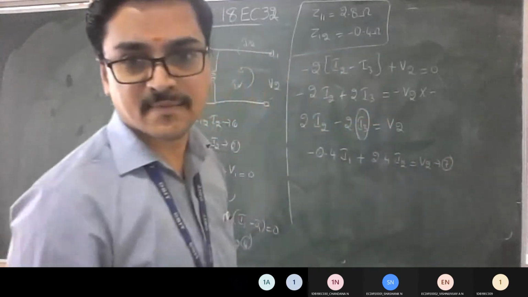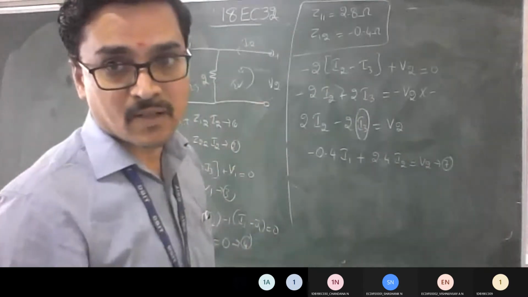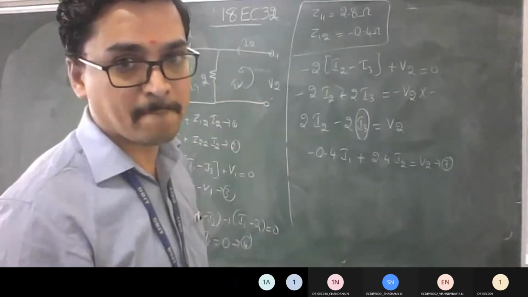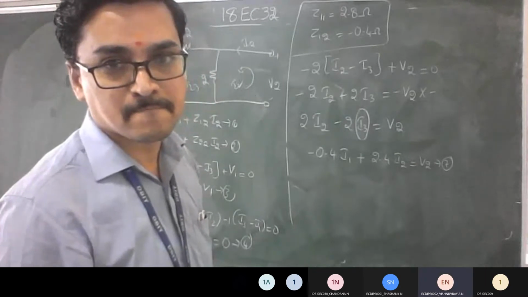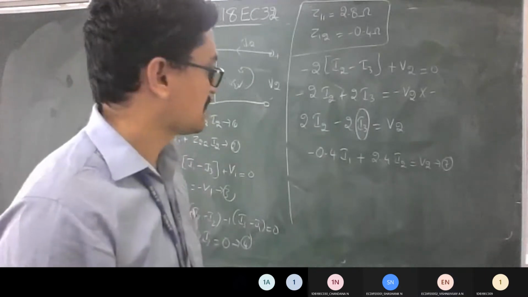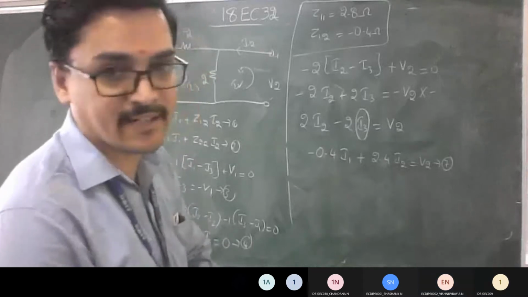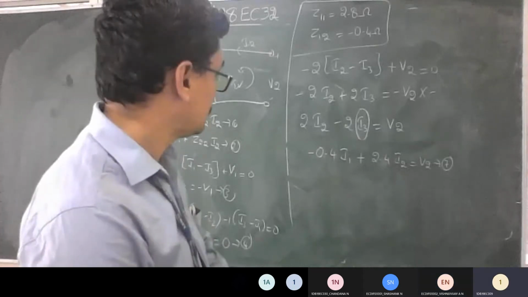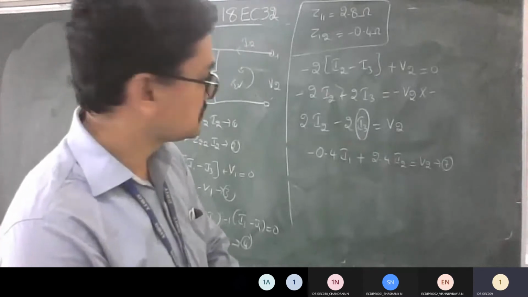Is it correct now, others? Amruta? Sir, minus 0.2 I1. Why different answers, sir? Just substitute the value of I3 in that and tell me the answer. I1 is correct, sir, minus 0.4. Okay, I2? I got minus 1.2, sir.